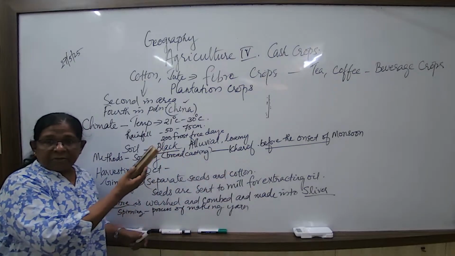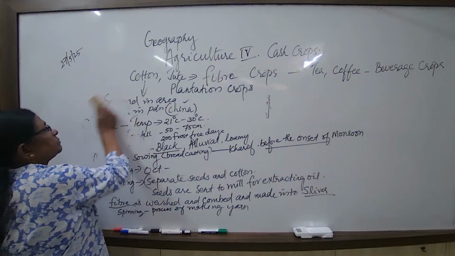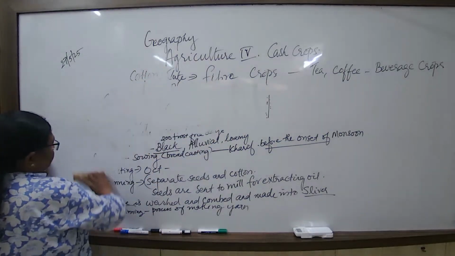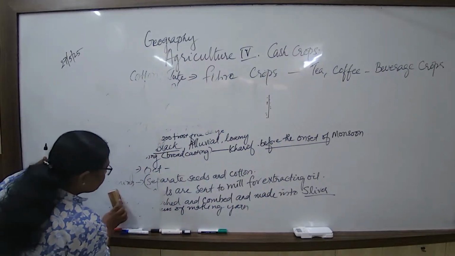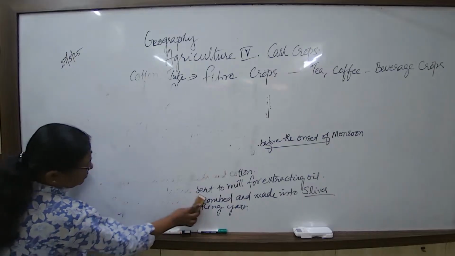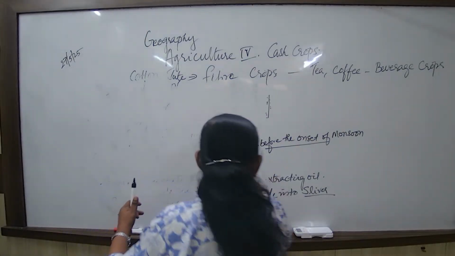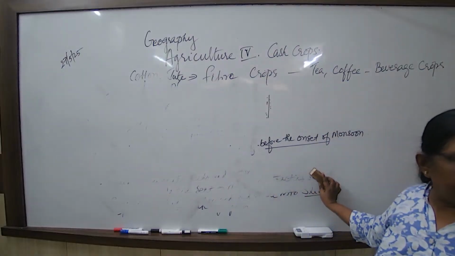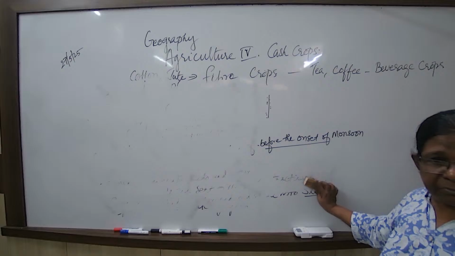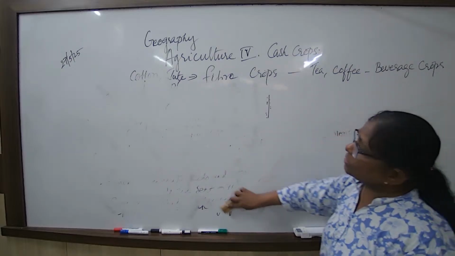From this part, any doubt is there? Have you seen jute? No? That gunny bags, have you seen? So from jute only gunny bags are produced. Jute is another type of fiber crop, but it's not like cotton.